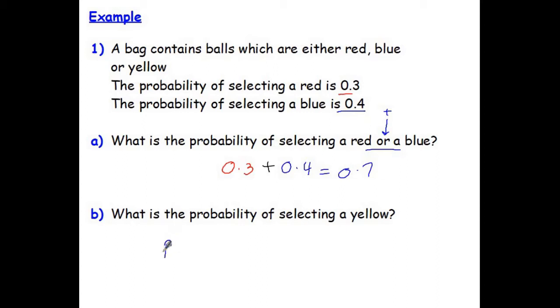So the probability that we pick a yellow will be 1 take away the probability of picking a red or a blue, which we just worked out to be 0.7. So 1 take away 0.7 is 0.3. So the probability of selecting a yellow is equal to 0.3.